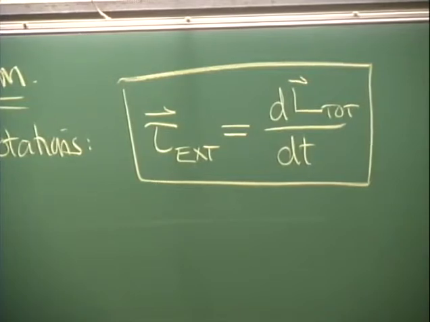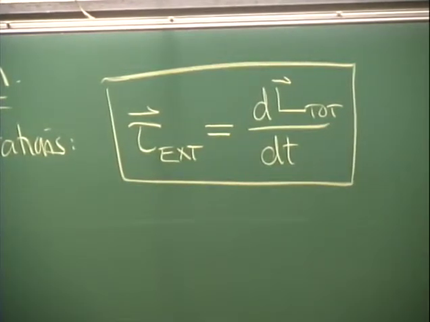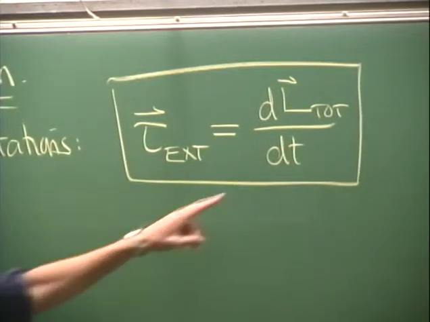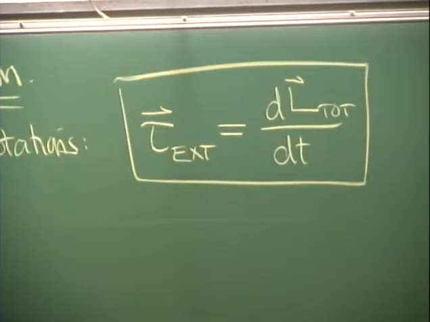In particular, if there is no external torque acting on the system, then the total angular momentum is a constant in time, its derivative is zero, or as we say, the angular momentum is conserved.